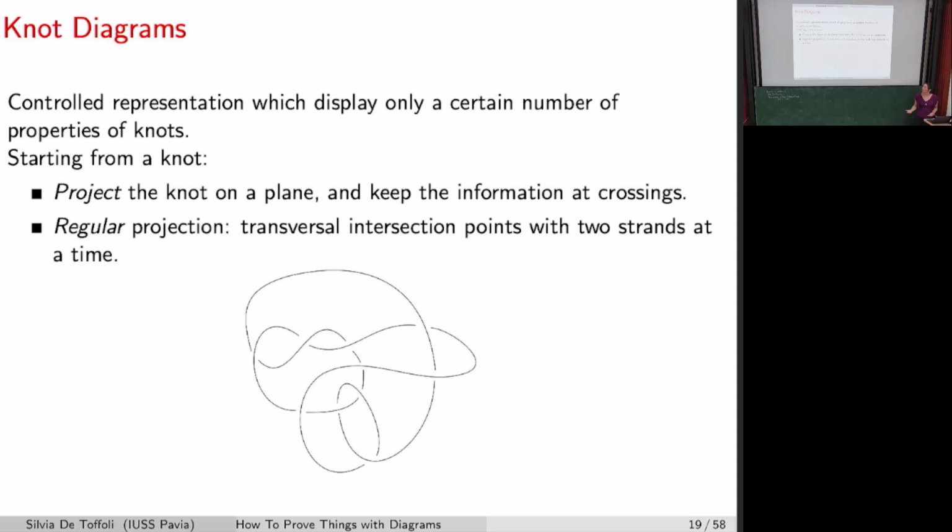And to do so, people use knot diagrams, and these are, again, controlled representations which display only a certain number of properties of a knot. So we start from a knot in space and we project it onto a plane, and we keep information at the crossings of which strand goes over and which goes under, and we use a convention. We could use different conventions, and in fact sometimes different conventions are used.